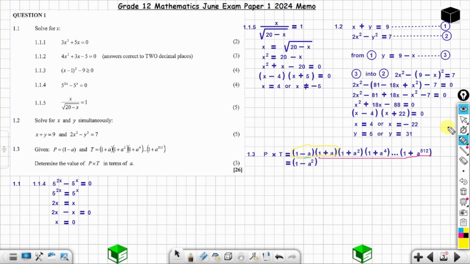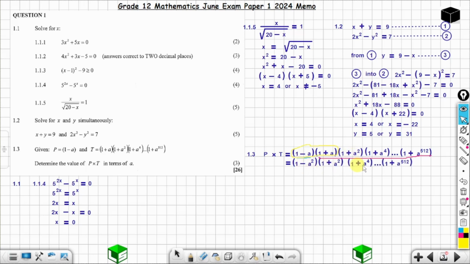Now, can you see? This is going to be multiplied by this. Can you see the similarity? The difference is only the minus and the plus.